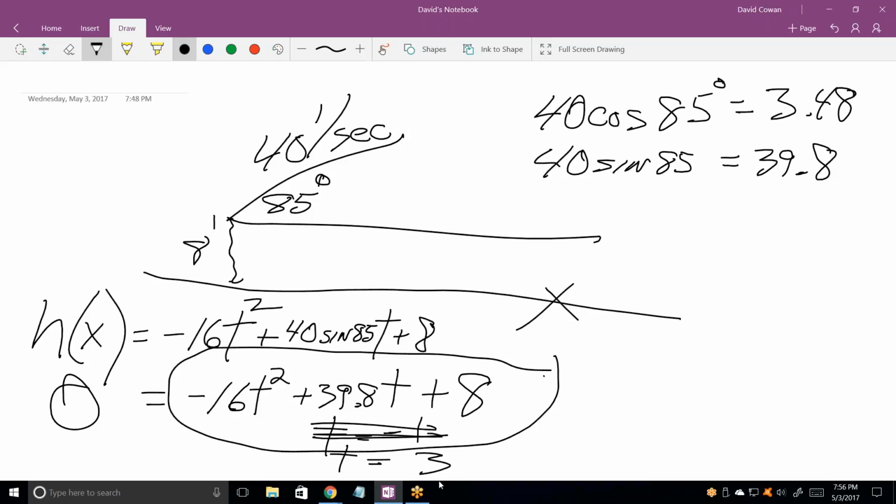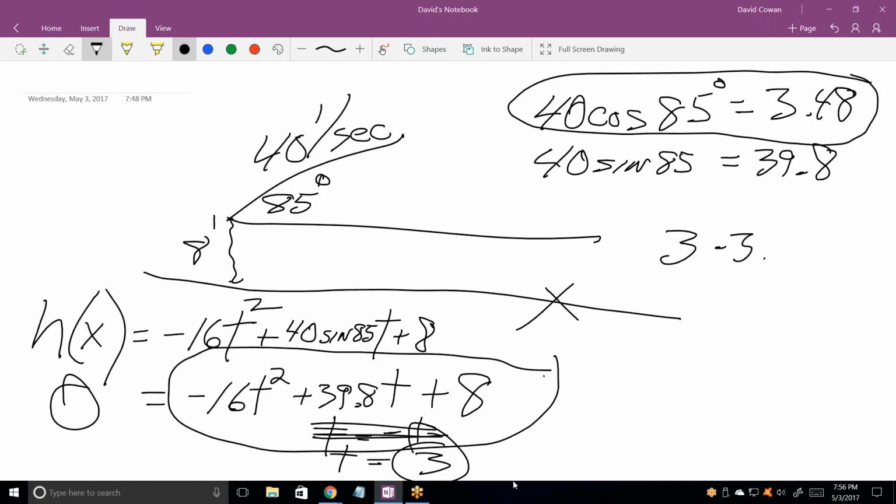Well, we know its horizontal velocity is 3.48 feet per second. If it's in the air for 3 seconds, then it's going to go 3 times 3.48. It'll go about 10 feet, 10.3 feet.